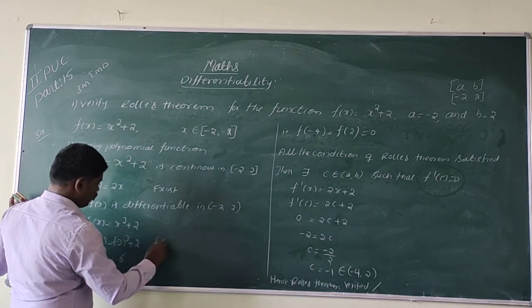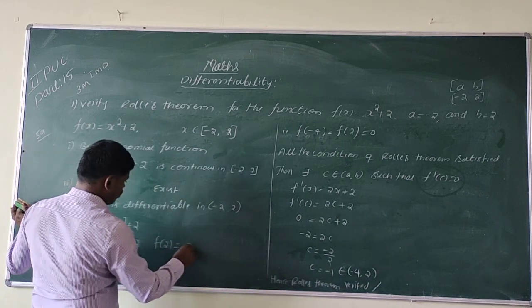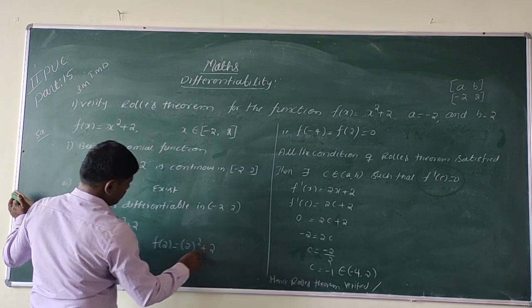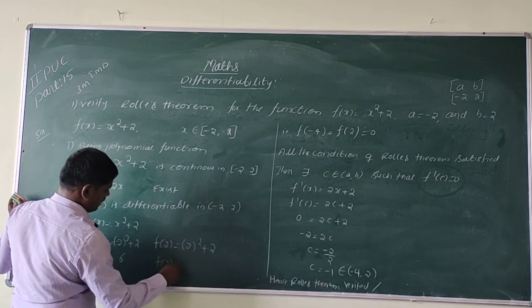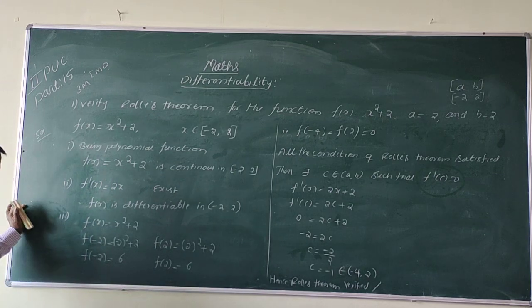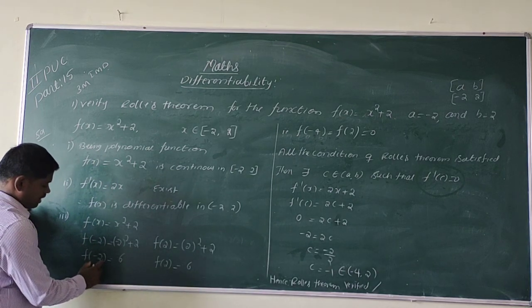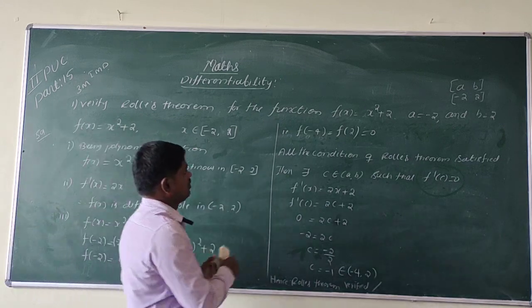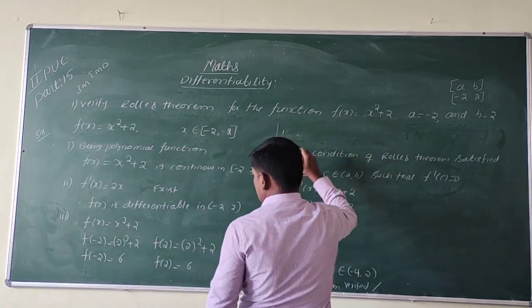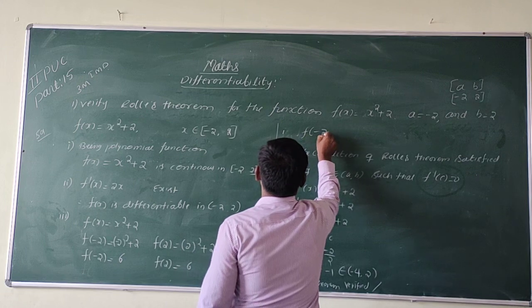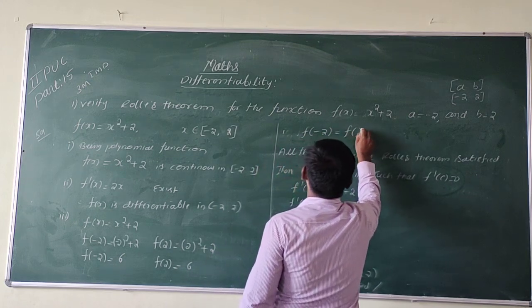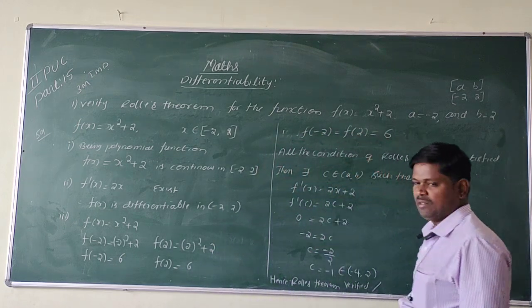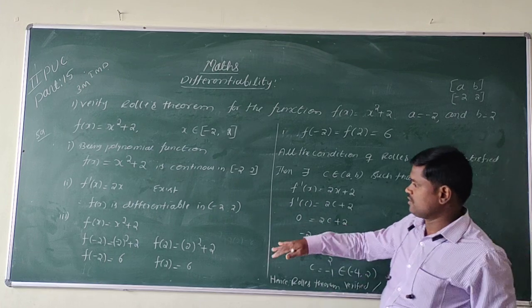And f of 2 is equal to 2 square plus 2, again this is 6. f of minus 2 and f of 2 exist and they are equal. So f of minus 2 is equal to f of 2, which is equal to 6. That means it satisfies all the conditions.